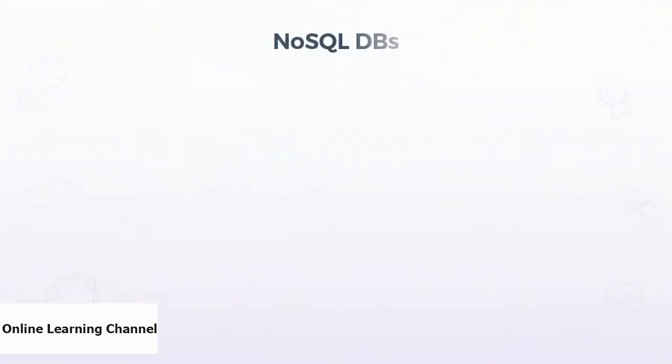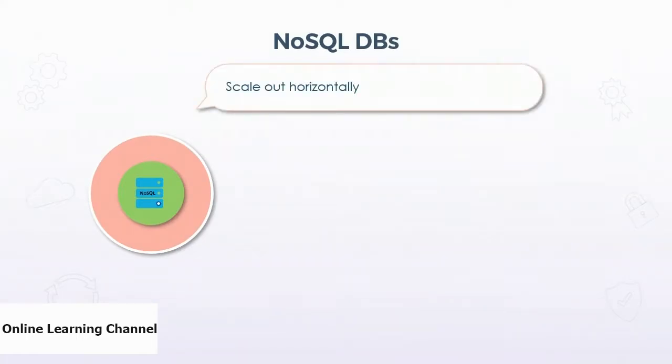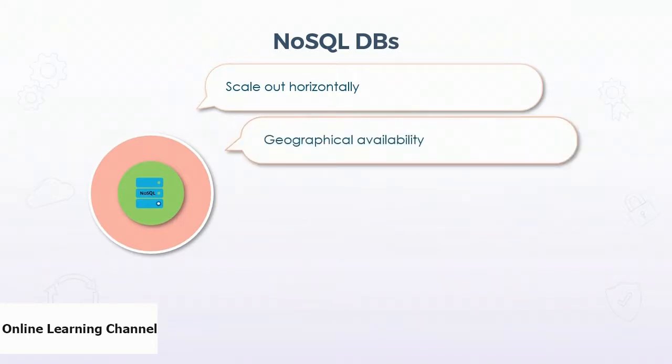Now let's look at NoSQL databases. Non-relational or NoSQL databases excel at scaling out horizontally, that is, having their data spread out onto multiple servers for parallel processing. This is because of their simple design that's not based on excessive relationships between data objects. Because of this scalability, they also excel at availability across geographical regions, as the database contents can be easily replicated to different locations.